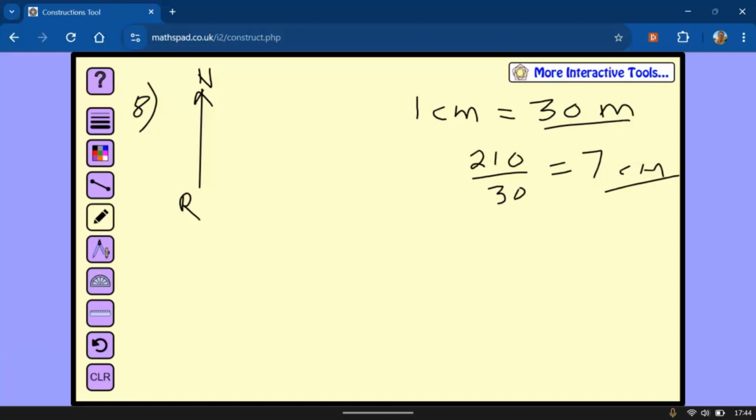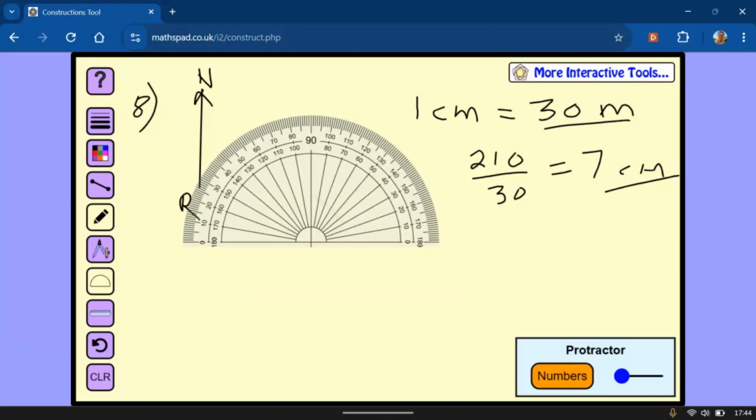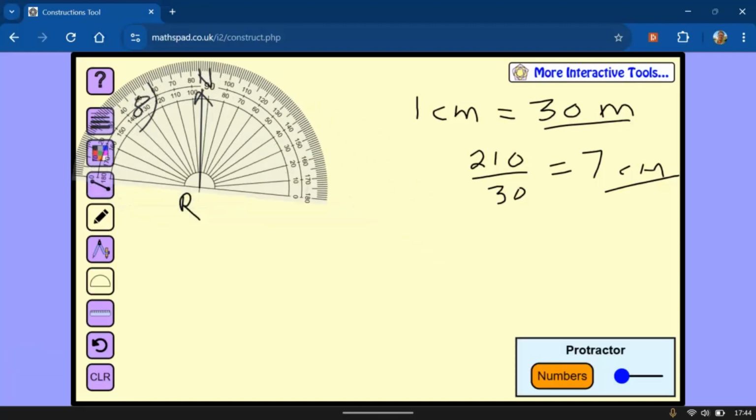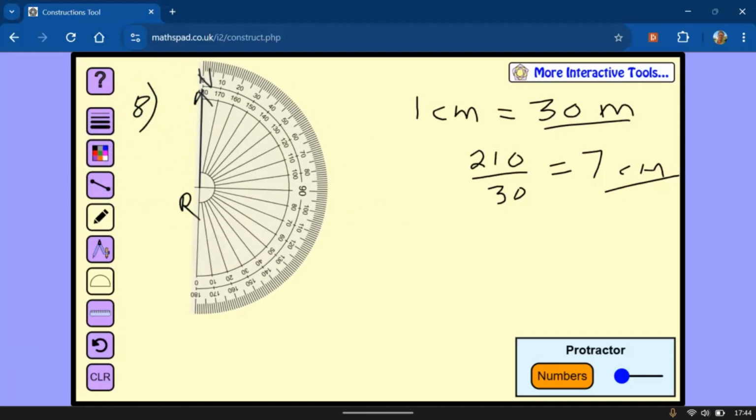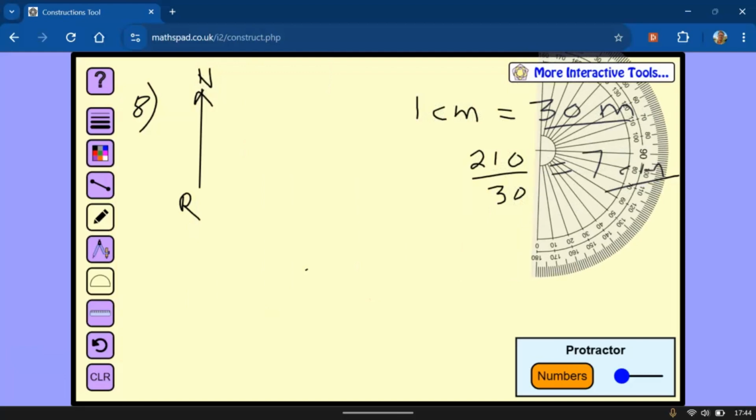Okay, the bearing of L from R is 125 degrees. Measure 125 degrees. So here I have 125 degrees. Now let's take the ruler.